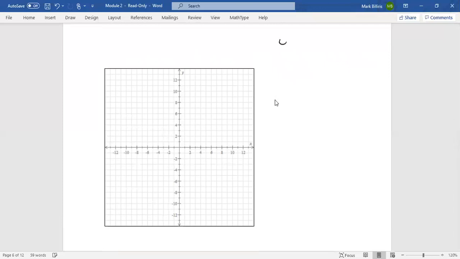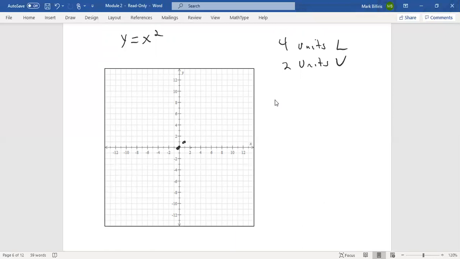So 4 units left, 2 units up. Now from what? It's a good idea to become familiar with your parent functions. So a parabola, we know, starts at 0, 0. So this is the parent function, 1, 1. How do I know it's 1, 1? Because if our parent function is x squared, whatever x value we choose, we square it to get the corresponding y value.